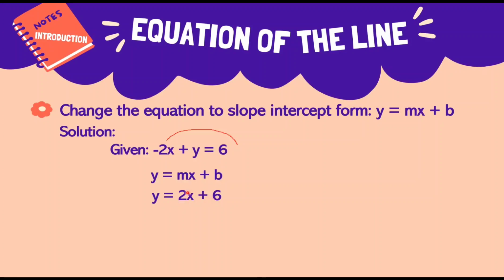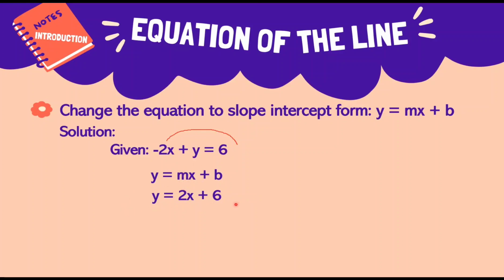Now, since it is already written in slope-intercept form, we can easily find the slope and the y-intercept. So again, what will be the value of our slope? Very good. The slope is the numerical coefficient of the variable x.